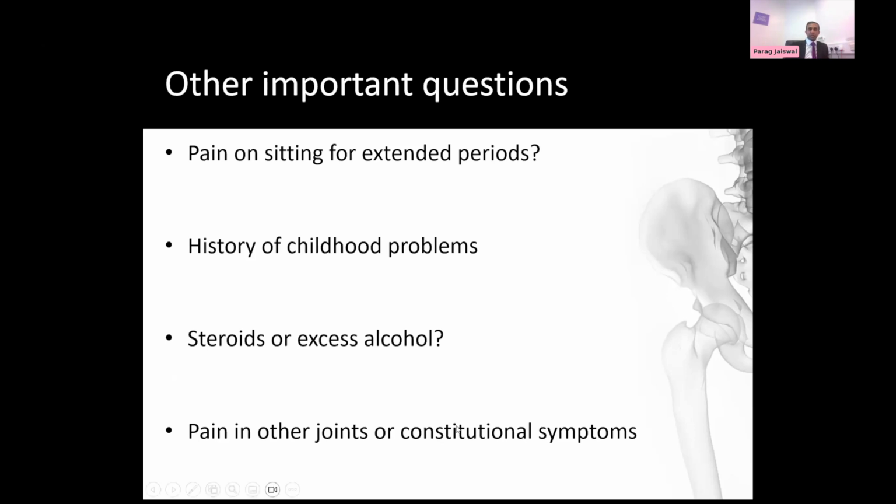Okay, some other important questions. These are more questions directly related to the character of the hip pain and any associated issues. So what would pain on prolonged sitting suggest? Now, there are two things that can cause it, two locations actually.